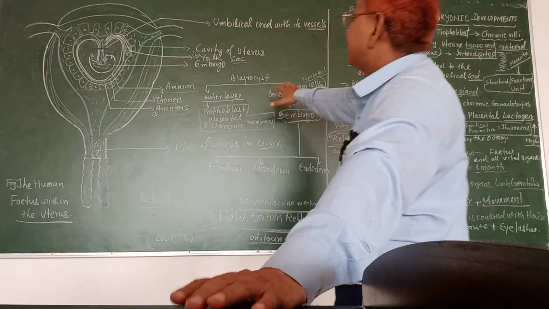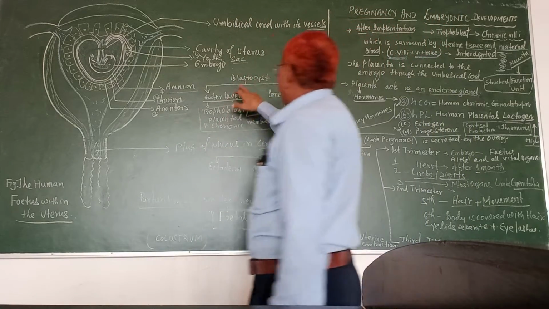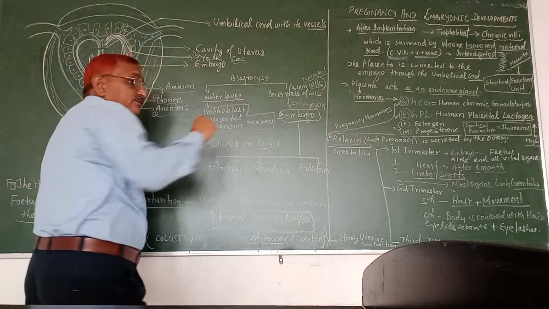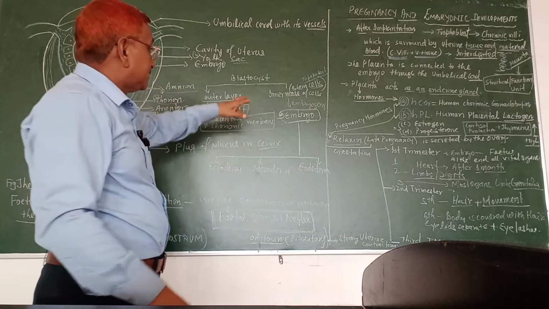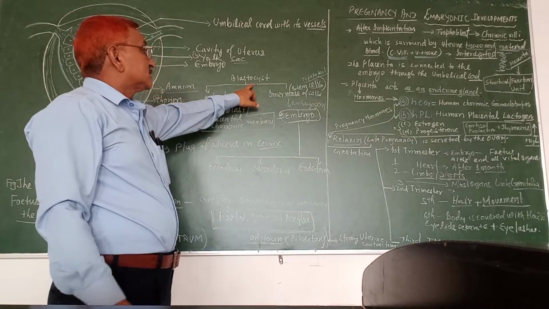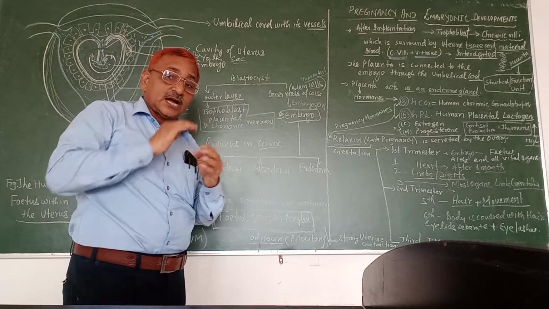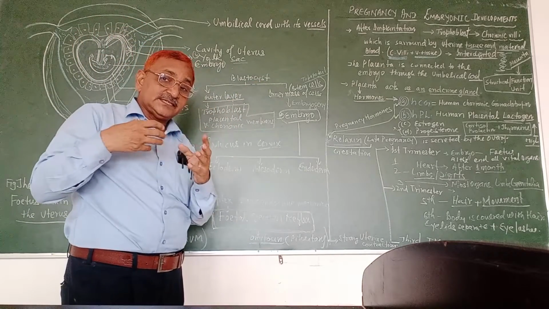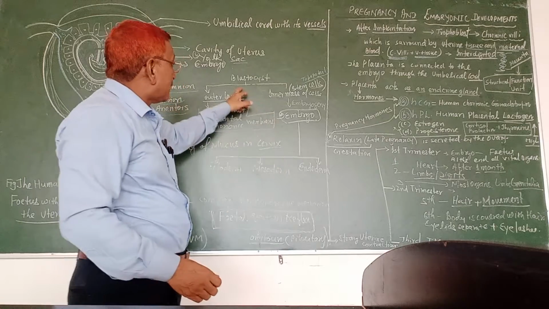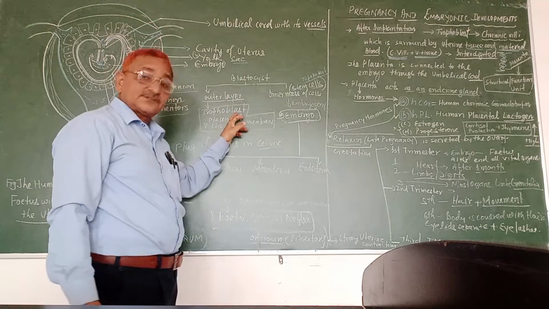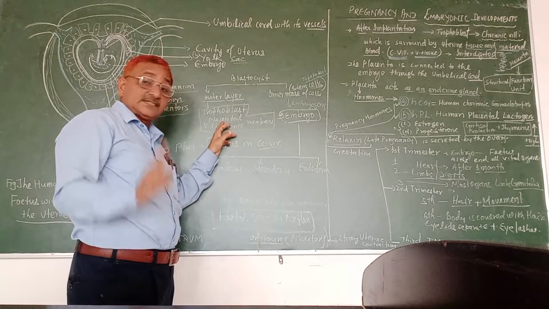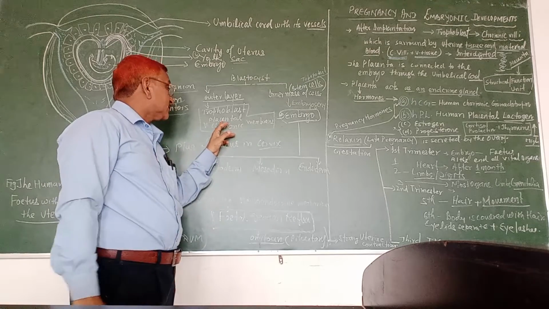After that, the blastocyst, as we have seen already, has 2 parts: the outer part and the inner cell mass. The outer part forms the trophoblast. Try to understand here, this is very important.